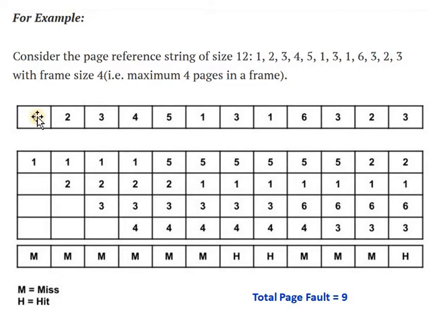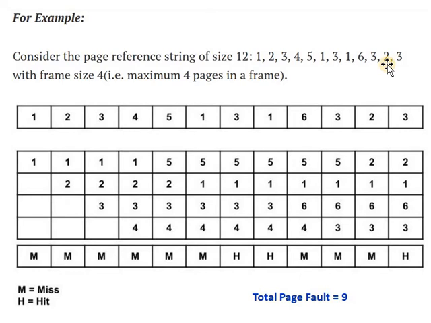We know there is a frame in memory, and in that frame there are different pages. In those pages we are going to store our data. Suppose the maximum frame size is 4, and this is a reference string which we want to store in that particular frame.